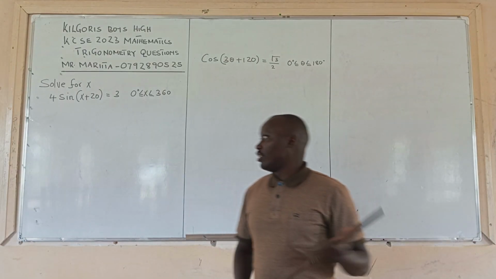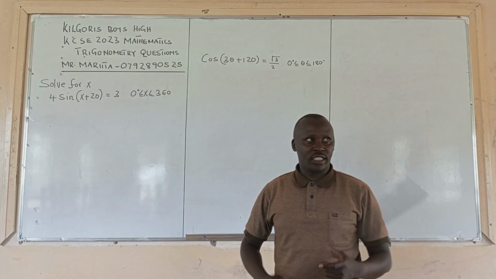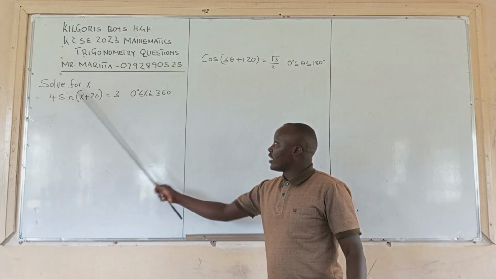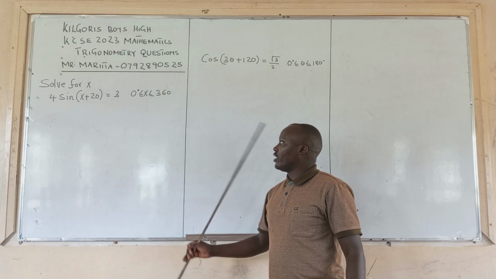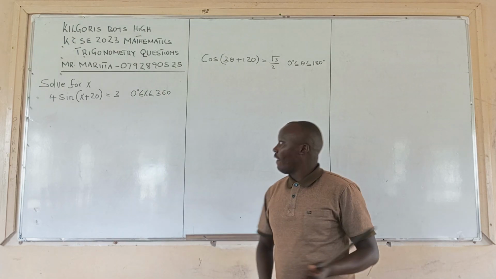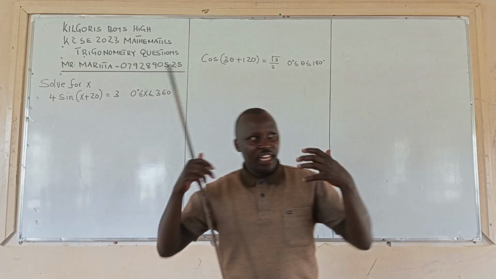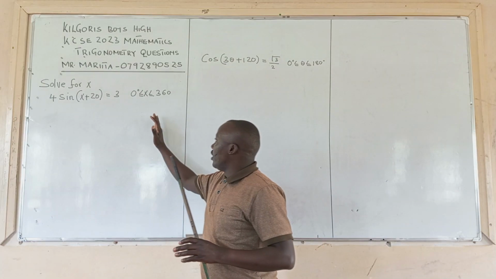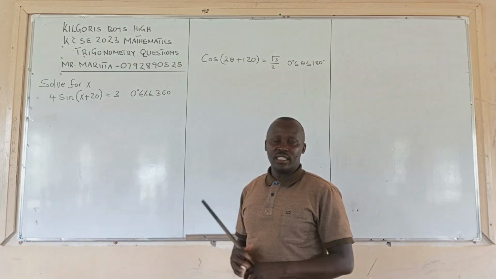Now we have a question here: solve for x. In this question we have 4 sine (x plus 20) equivalent to 3, and the range of x is between 0 degrees and 360 degrees.